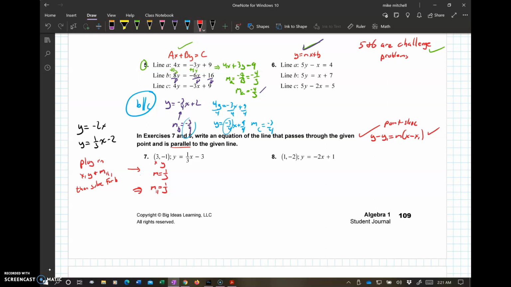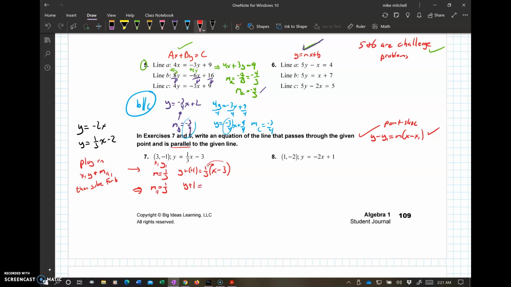So I should say x1, y1 there. So that's going to be y minus negative 1 equals 1/3 x minus 3. That goes to plus a positive, so it's y plus 1.